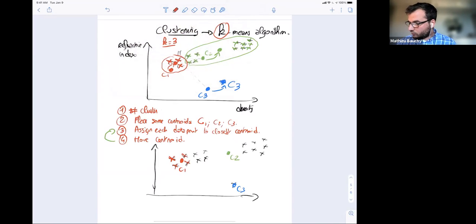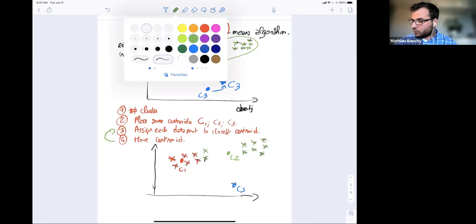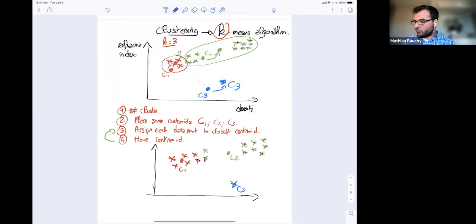So this one, it's also closer to C1 than it is to C2. Those data points, they are still close to C2, so you will assign them to the second cluster, and then you have C3, which is assigned to this data point because C3 is the closest. So that was step 3.